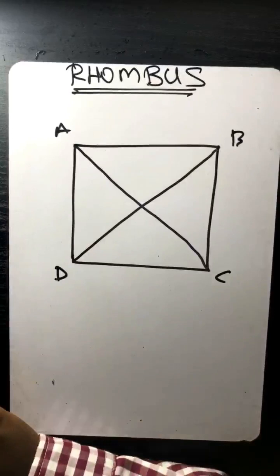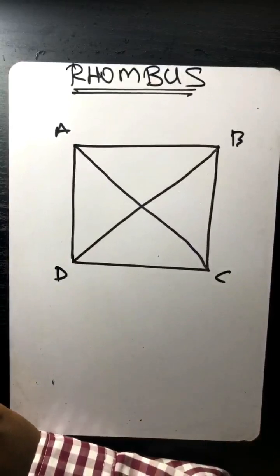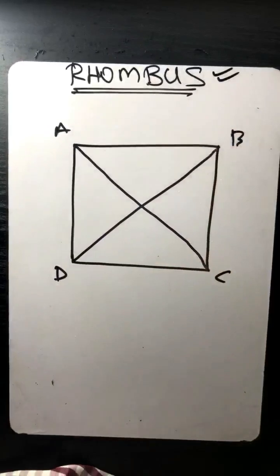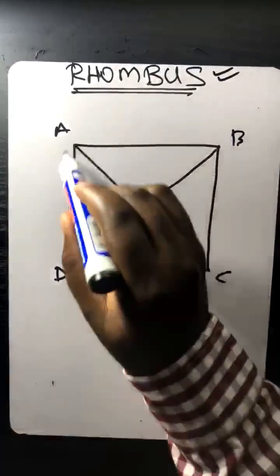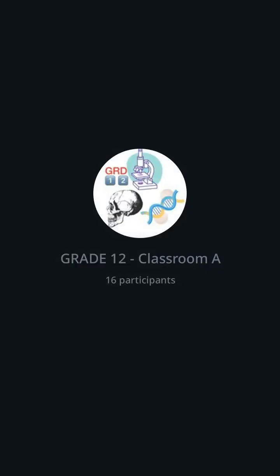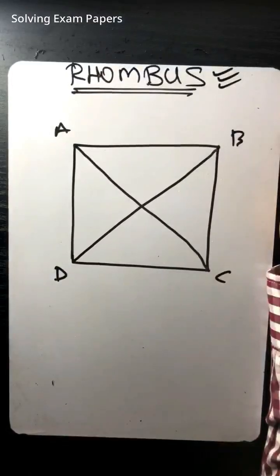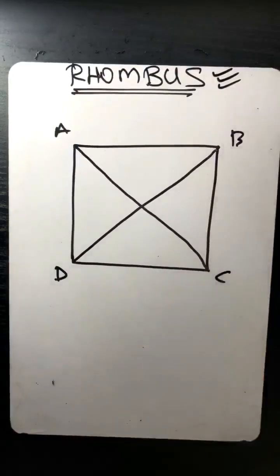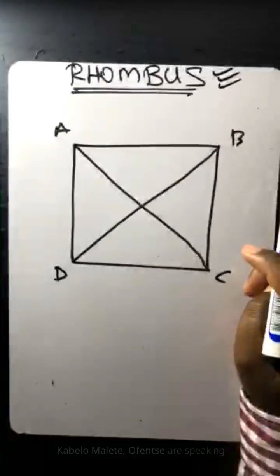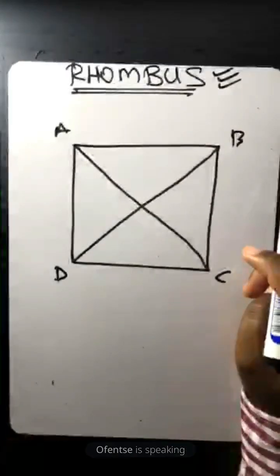Before you continue, Kabelo, offense, do you confirm this one based on the properties that you got, to say all the sides are equal when it comes to a rhombus? Sure, it seems like offense is gone.